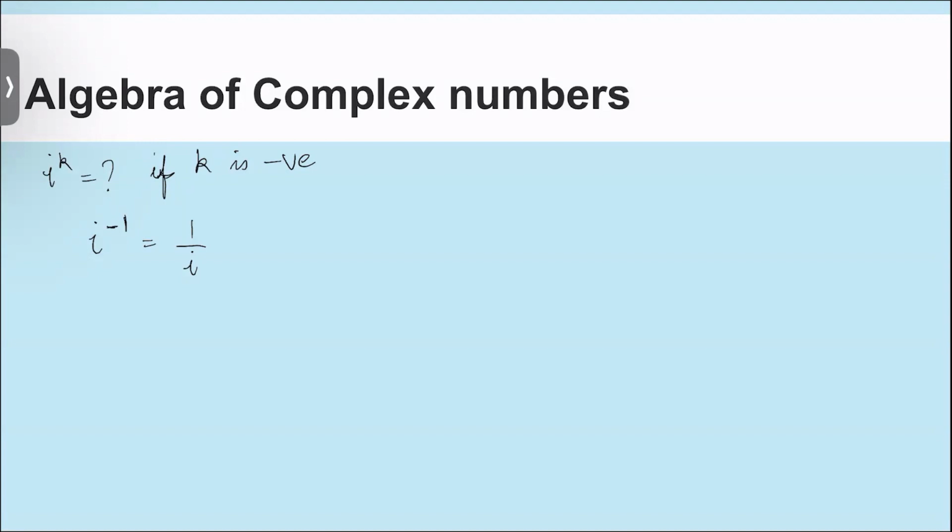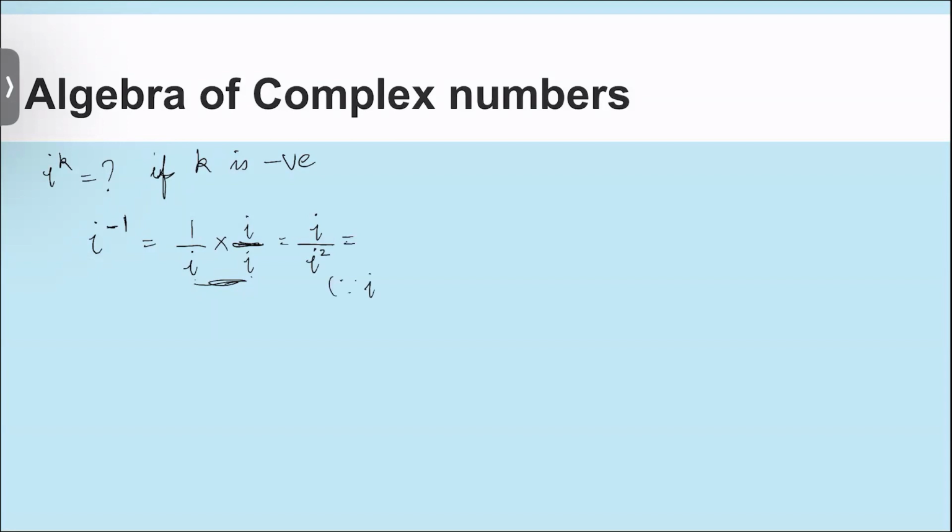To find the solution for this, you can multiply and divide by i itself, so it is easier to get the denominator as a positive power of i. So what you get is i upon i squared.